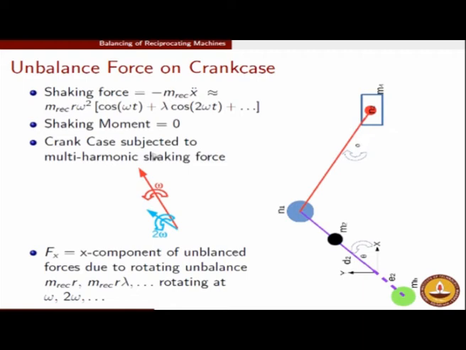So these shaking forces which are induced are equivalent to the shaking forces which would have been induced due to rotating unbalance of m rec r rotating at omega and m rec r lambda by 4 rotating at 2 omega. Again, apologies, I have missed out that factor by 4 in the slide over here.